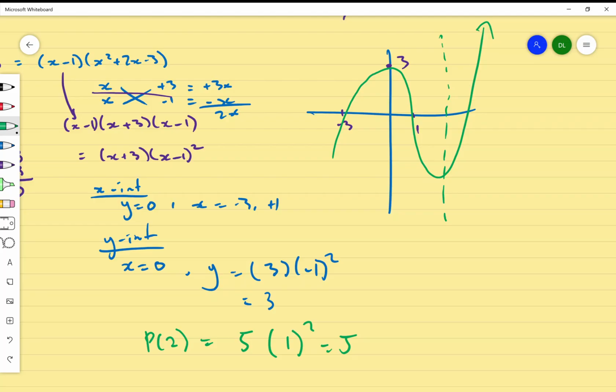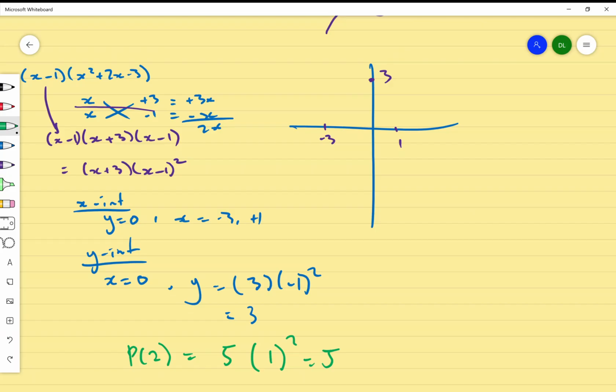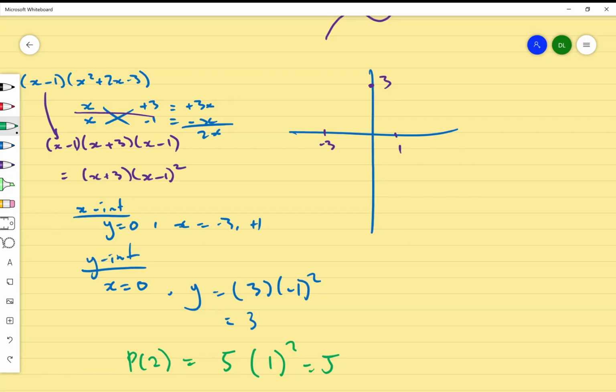And also, we forgot to include the idea of the repeated factor. So can anyone tell me, what does the repeated factor mean in a graphical sense? Yes, thank you for motioning it. Basically, it just means it's symmetrical on both sides. It's a turning point. So what it looks like is something like this.